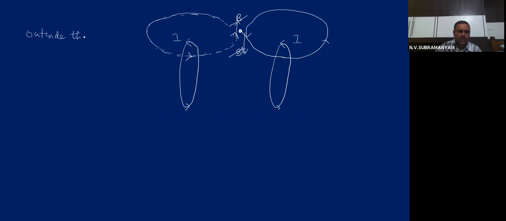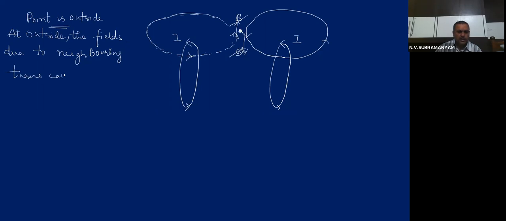That means at an outside point, outside the solenoid, okay, if the point is outside the solenoid, then at the outside point, the magnetic fields due to adjacent, I can tell, or neighboring loops, I can tell, or turns, they cancel.